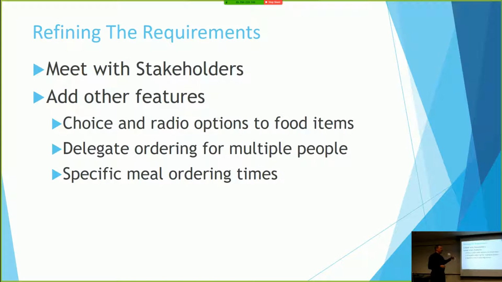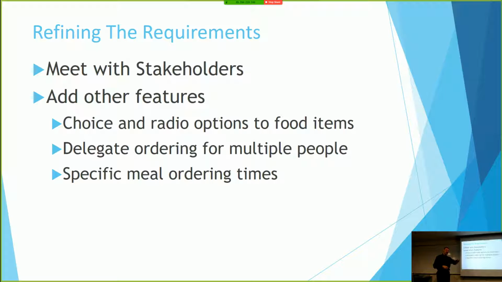Things that we did add to it is choice and radio options for selecting food item options, because there might be some cases where you have a hamburger. Do I want the hamburger rare, medium, well? You can only select one of those because you can't select all of them for one hamburger.